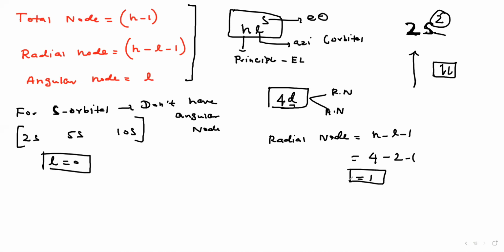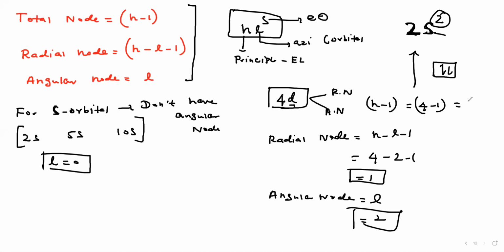What about the angular node? The formula I gave is equal to l. What is the l value? d has 2. Therefore, how many nodes? 1 radial node and 2 angular nodes. What is the total node? n minus 1. What is the n value? 4, and 4 minus 1 is 3. In 3 nodes, 2 nodes are angular and 1 node is radial. This way they will ask in the exam: how many radial nodes, how many angular nodes.